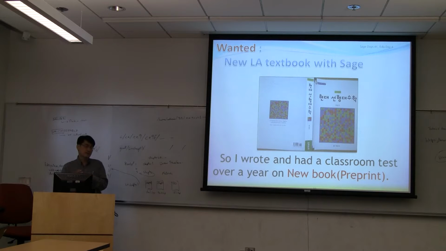So some of the students who did not care much and did the same thing as they did before got the better grade. It wasn't what I intended. So actually I needed a good new linear algebra book with SAGE in it, so we can go through it with SAGE in between.